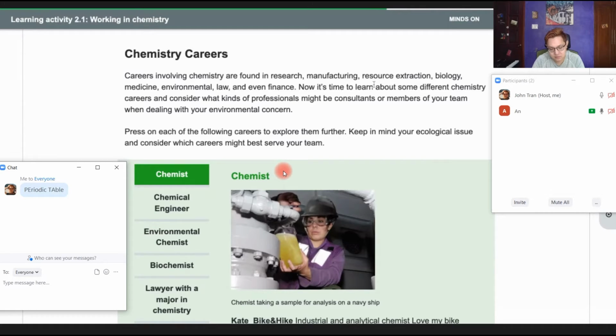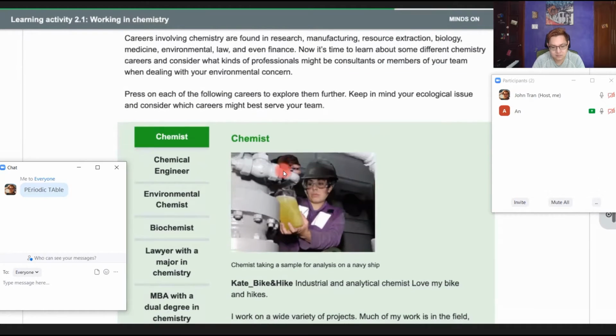Now it's time to learn about some different chemistry careers and consider what kind of professional might be a consultant or member of your team when dealing with your environmental concern. Press on each of the following to explore them further. Keep in mind your ecological issue and consider which career might best serve your team.